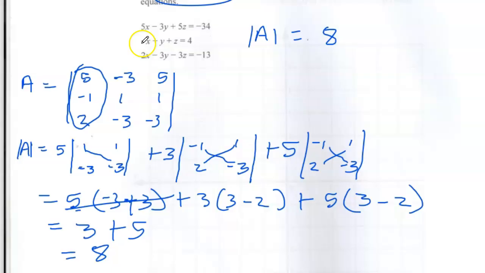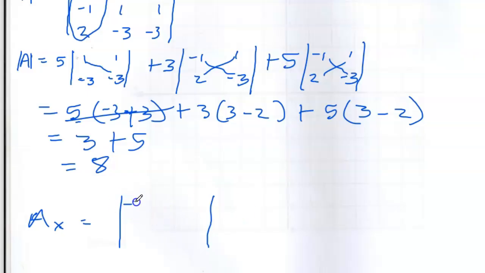Notice the first column represents the X coefficients, 5, negative 1, positive 2. So we're replacing the first column with the values on the right hand side, and everything else will remain the same. Alright, so AX will be negative 34, 4, and negative 13.